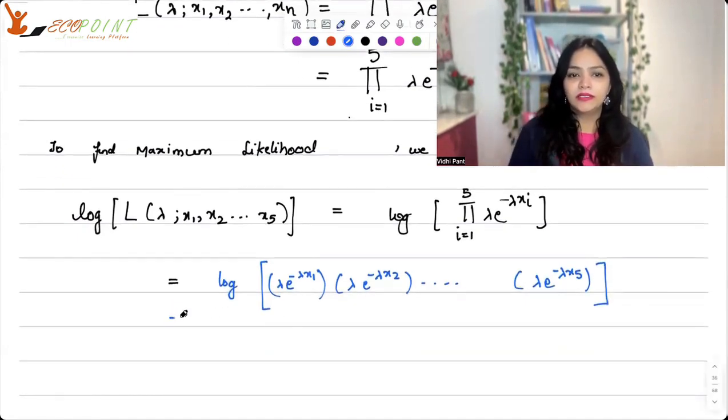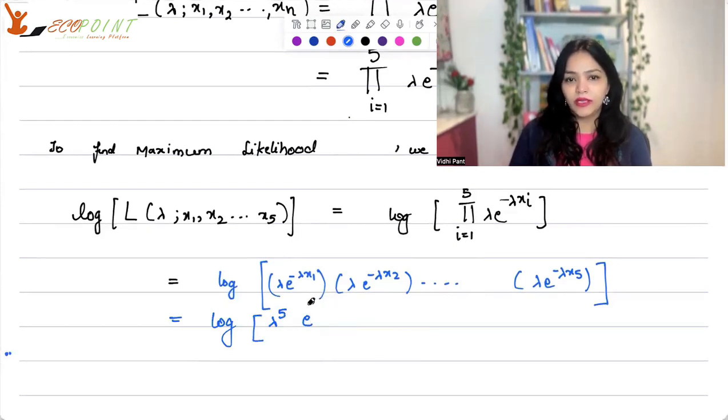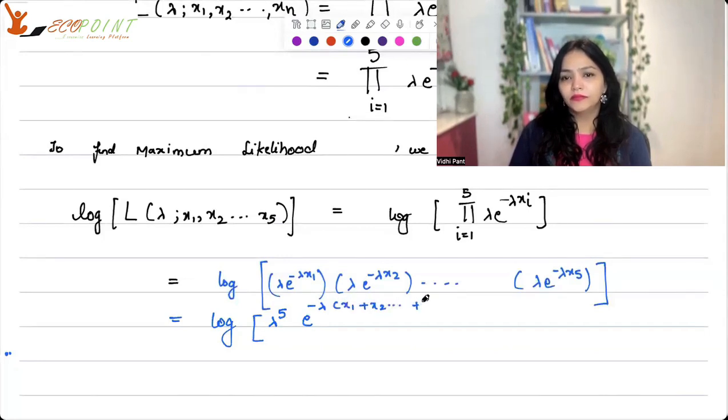This is the same lambda everywhere, so it gets multiplied and we get lambda to the power 5. The base e is the same, so you can add the powers. In the power, minus lambda is common and comes outside, times x1 plus x2 till x5.